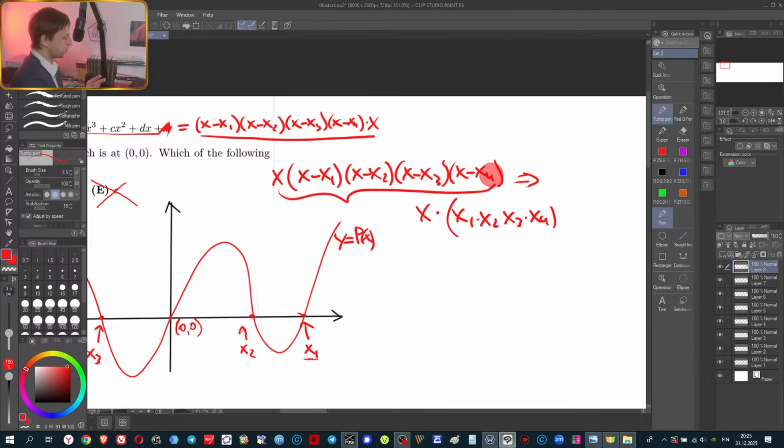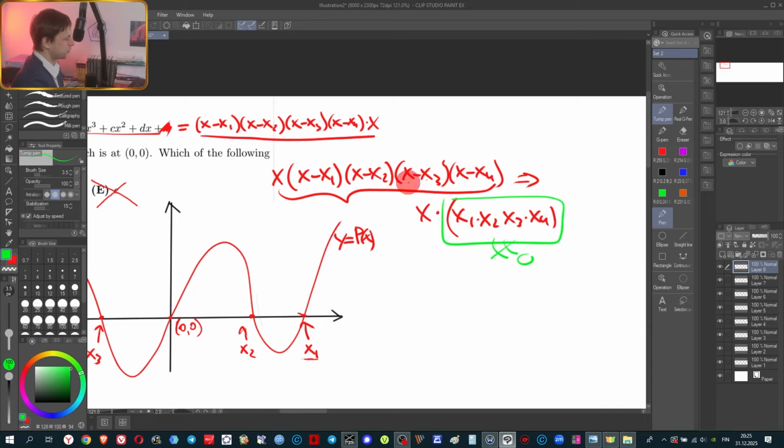So after expansion, the main question for you: what will the coefficient near x be? If you look at this expression, you will figure out pretty quickly that the coefficient near x will be exactly this product. And you know that these are non-zero numbers, so this one is not 0, and there are no other terms that have x here.